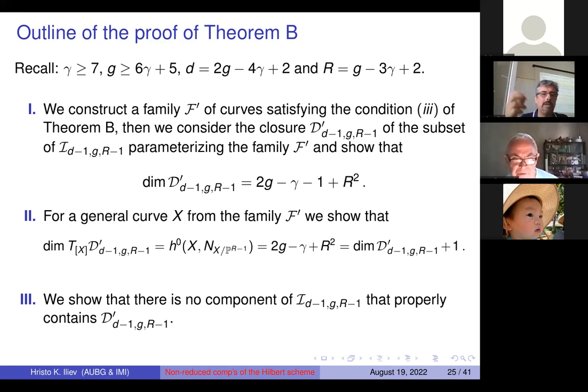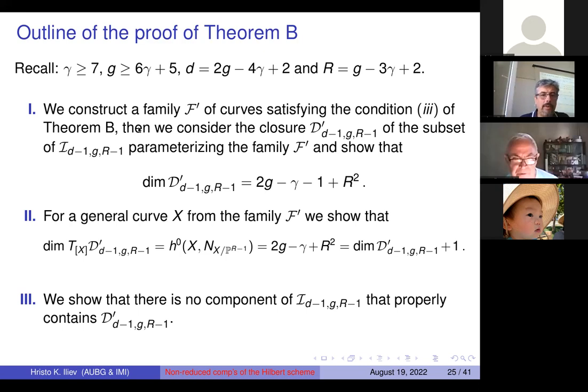We construct the family, then we show that the family is a component, and then we would need also to show that this component is non-reduced if we are aiming at non-reducedness, which is done by comparing the dimension of the maximum possible component that contains such a family with the dimension of a tangent space. For this reason, the proof is done in 3 steps.